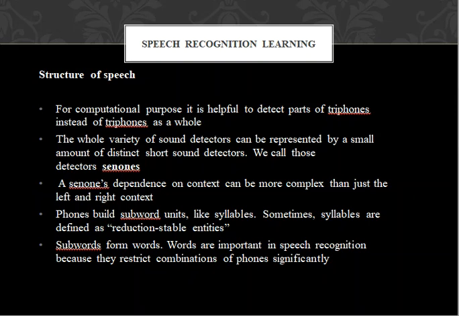Phones build subword units like syllables. Sometimes syllables are defined as reduction stable entities. Subwords form words. Words are important in speech recognition because they restrict combinations of phones significantly.